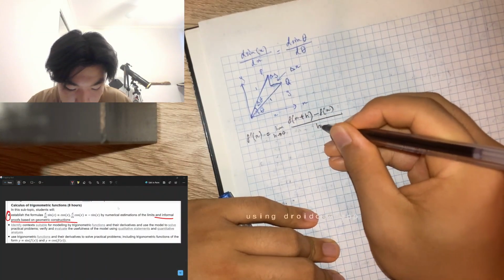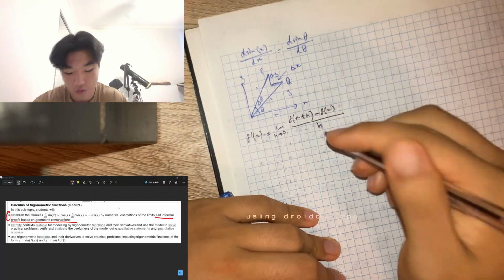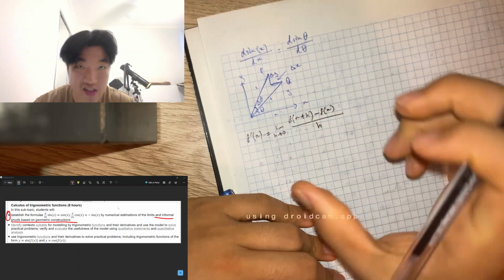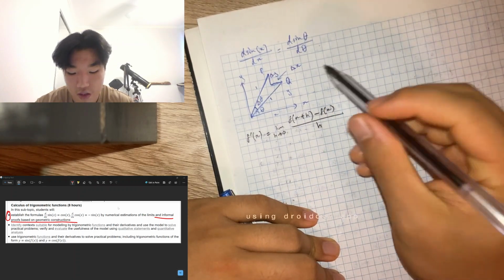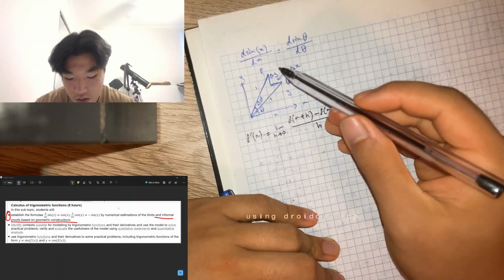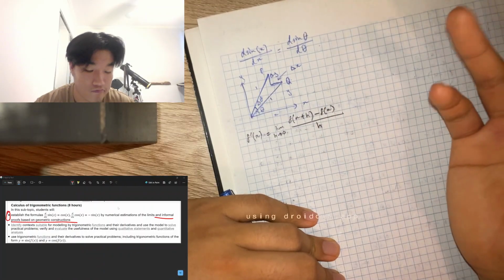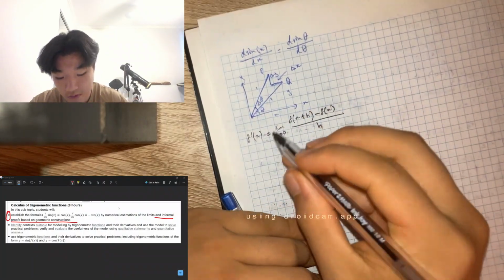This is like the rate of change, rise over run formula that you're all familiar with, right? It's basically the same thing. h is just the difference between the 2 points you have. So in this case, h is like delta theta. It is, actually.